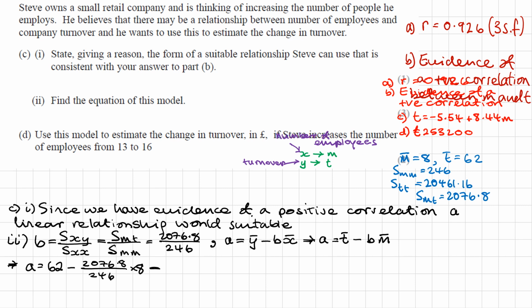Okay, so this gives us negative 5.5382, and I probably want this value given in decimal places, because when I give the equation I want to give those values to 3 significant figures. So it looks like my value of b is 8.4422. So I can now write the model.